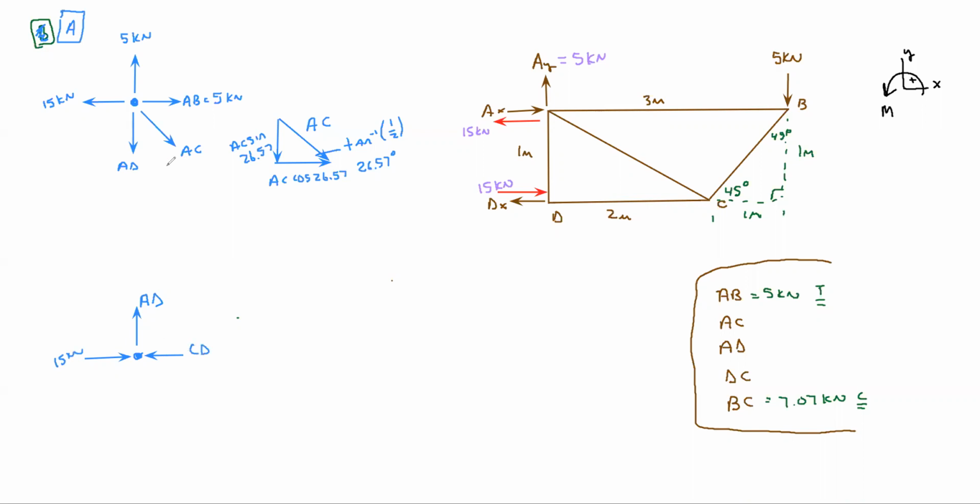If we do point A, which we're about to do, we would calculate AC very easily, because we could just take negative 15 plus 5 kilonewtons plus AC cosine 26.57 and get a value for AC.